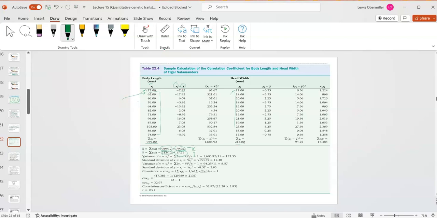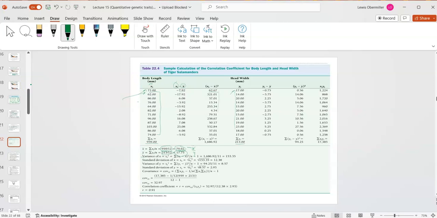What's the square of 7.92? Should be 62.67. Let me just double check that. 7.92 squared. It is indeed 62.7264 is what I get. So obviously they're truncating something here. They're rounding it. But anyway, that's close enough.